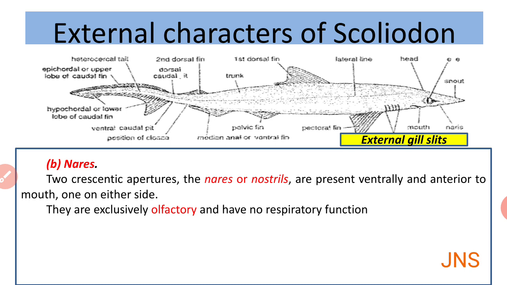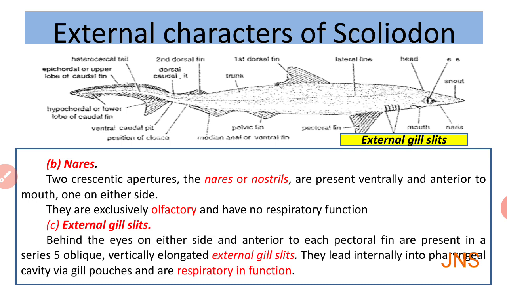So remember, the nares are olfactory in function, not respiratory, but the respiration of this animal takes place with the help of gills. They have 5 pairs of gills in the case of Scoliodon. These gills are found behind the eyes on either side and anterior to each pectoral fin.